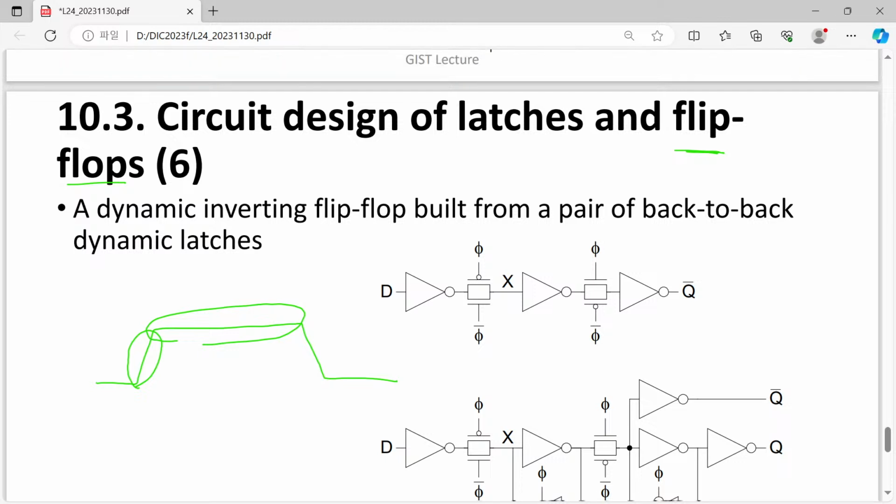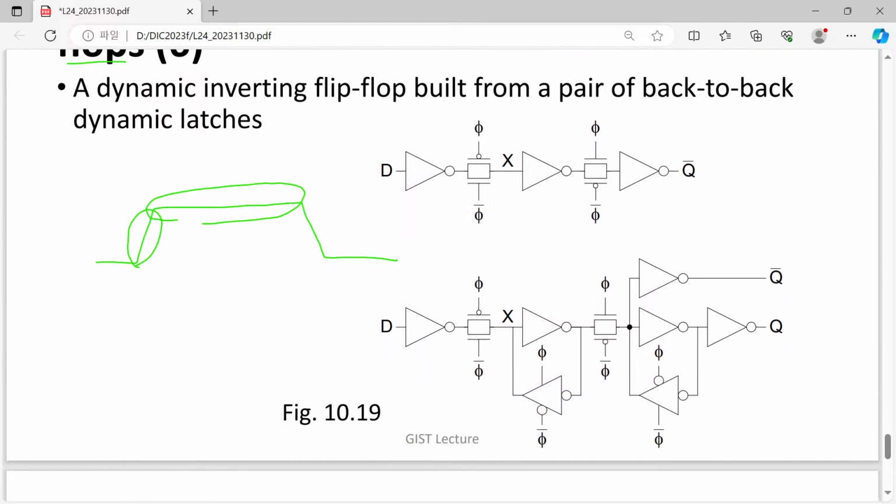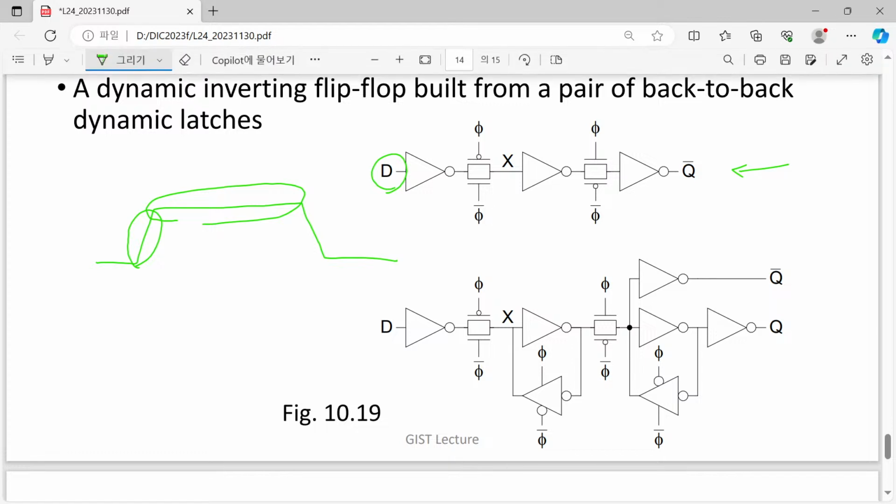This sensing can be done this way. So please have a look at this upper one. I think that just explains everything. Here we have D, and how can we send it to the Q?